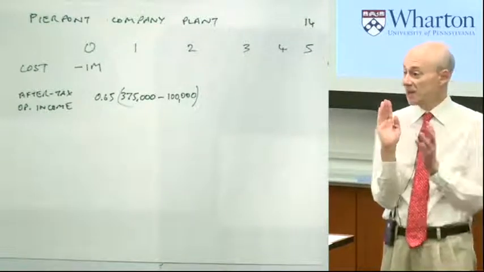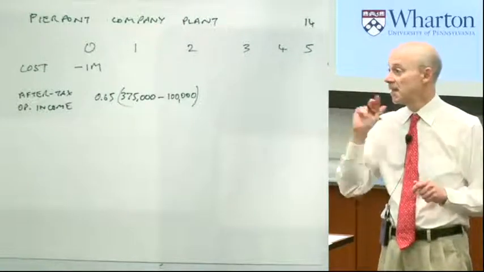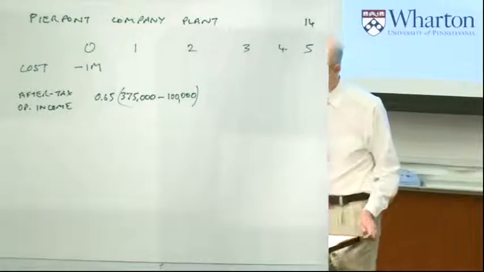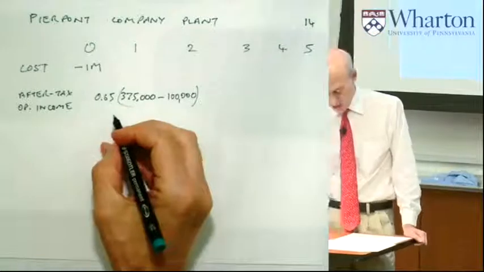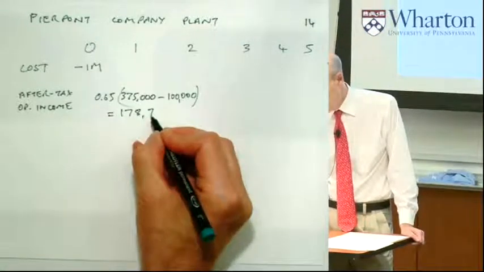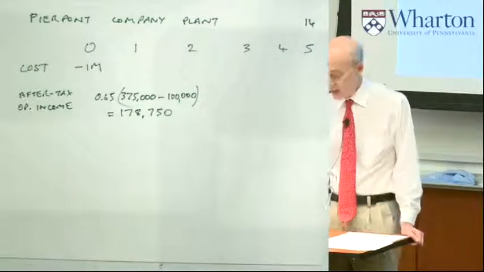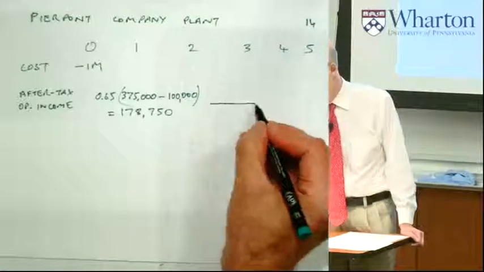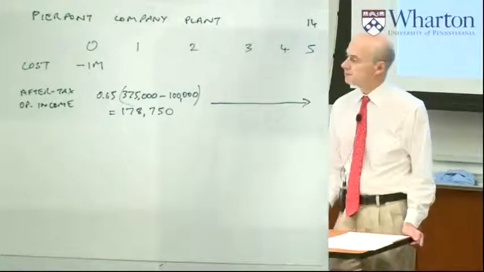I don't get it now because we haven't started yet, so it's going to be at the end of the first year, which is date 1. So if we calculate that, we get 178,750, and we get that at date 1, and for how many years? 5 years.